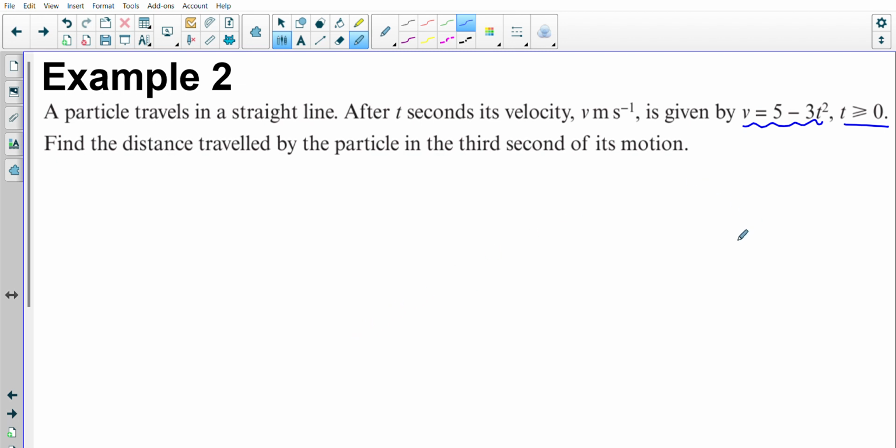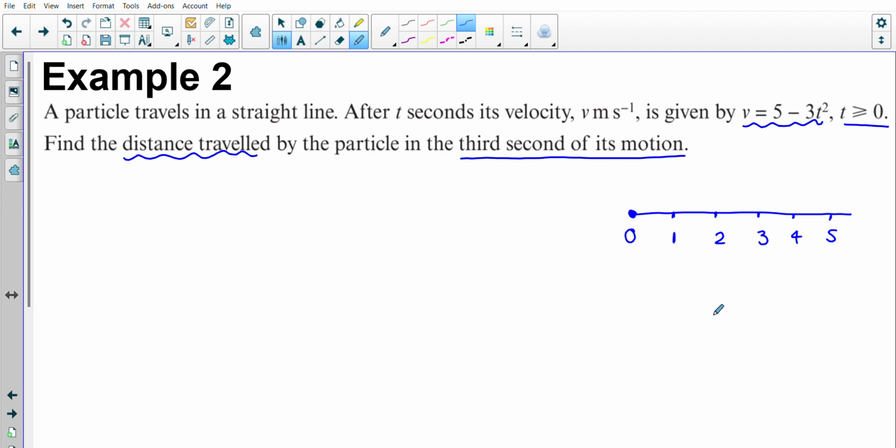So if I just think about what this means, I'm looking at distance travelled, but what does 3rd second of its motion mean? Well, say I am at time t is 0, then I'm at 1 second, 2 second, 3 second, 4 second, 5 second, and so on. I want to know what the 3rd second of its motion is.